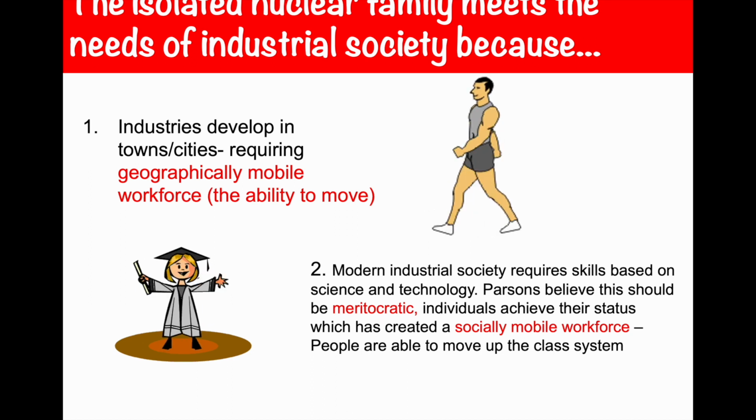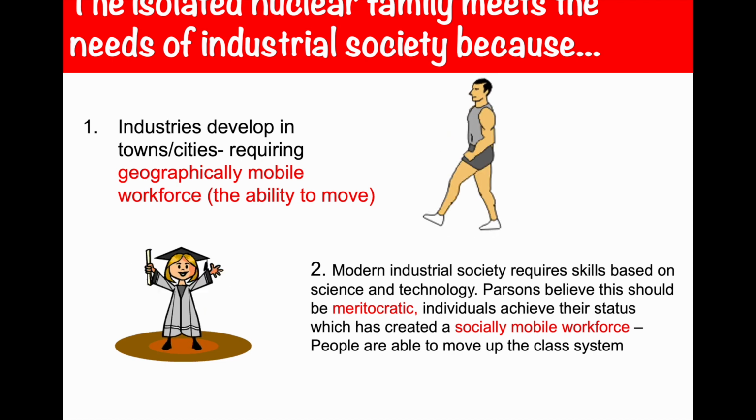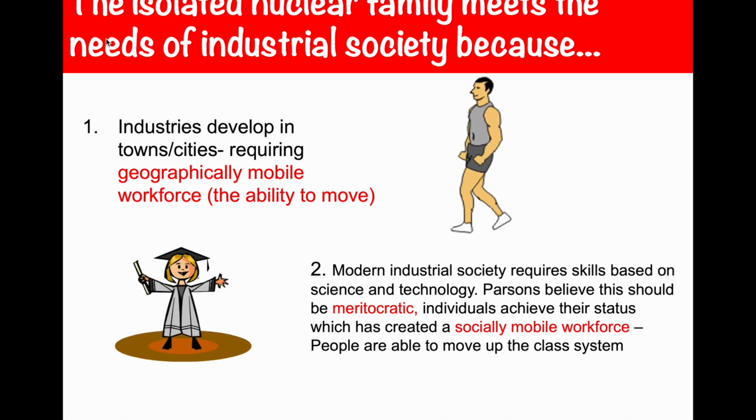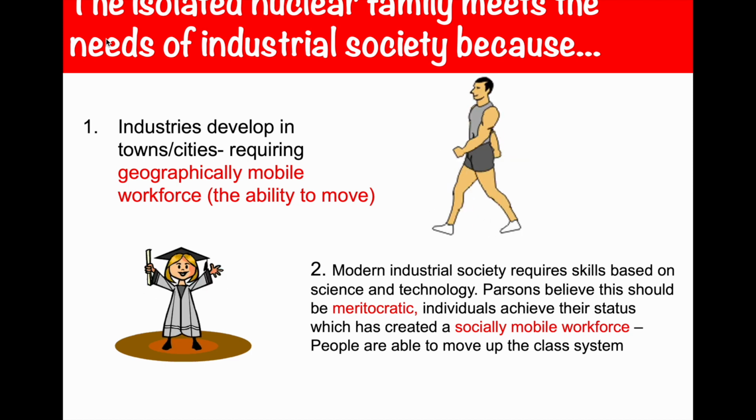It may cause conflict in the family. But in the nuclear family, that's not the case. So it means we have a more socially mobile workforce, so people can move up the system and benefit from that. So Parsons feels that the family has a functional fit with society.